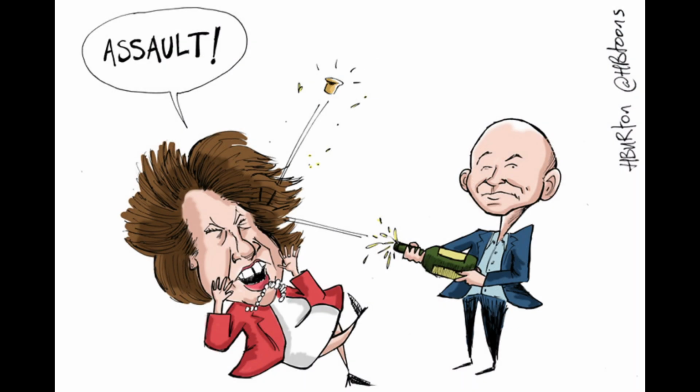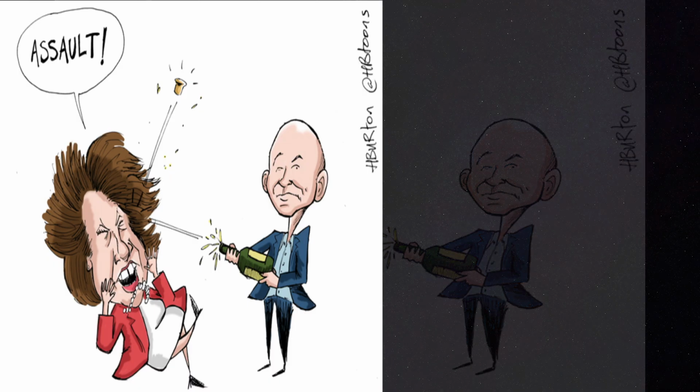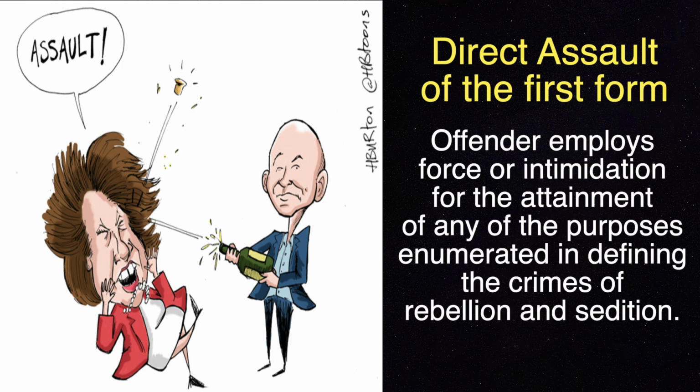Now, let's go to direct assault of the first form. It says here that direct assault of the first form means that an offender employs force or intimidation for the attainment of any of the purposes enumerated in defining the crimes of rebellion and sedition.